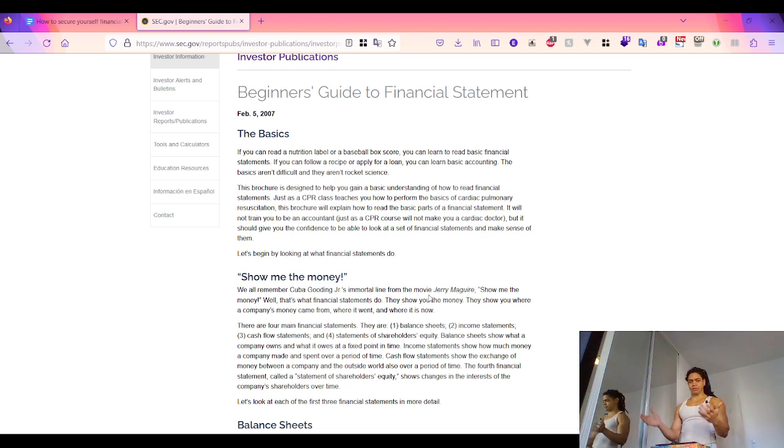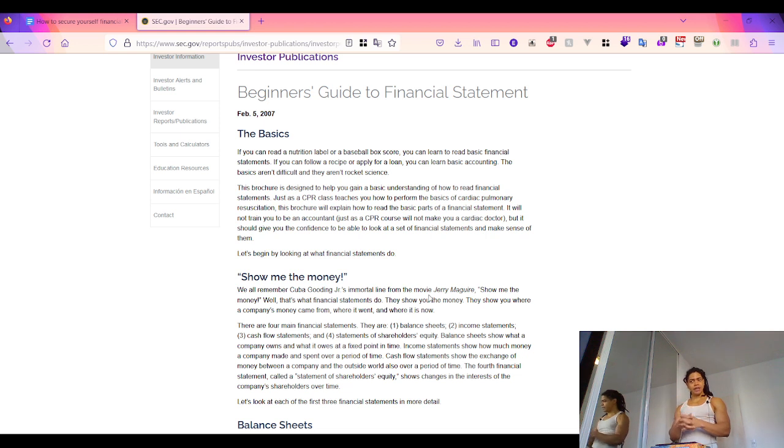They're not rocket science. And I really love this example that they use: much like when you go to learn how to perform cardiopulmonary resuscitation, where they teach you how to do that, they won't train you to become a cardiac doctor.